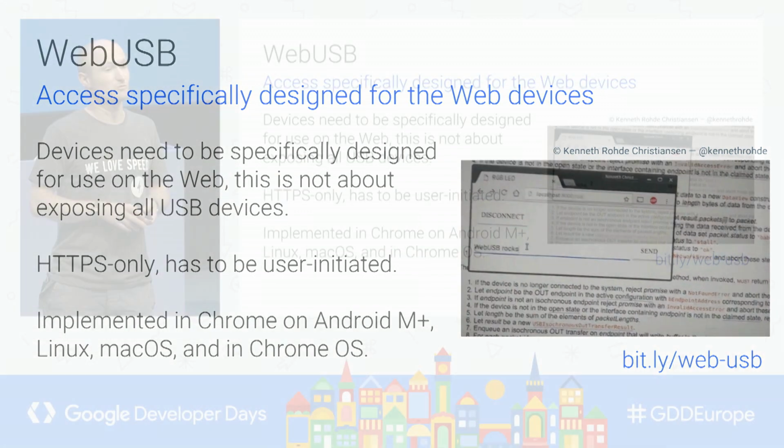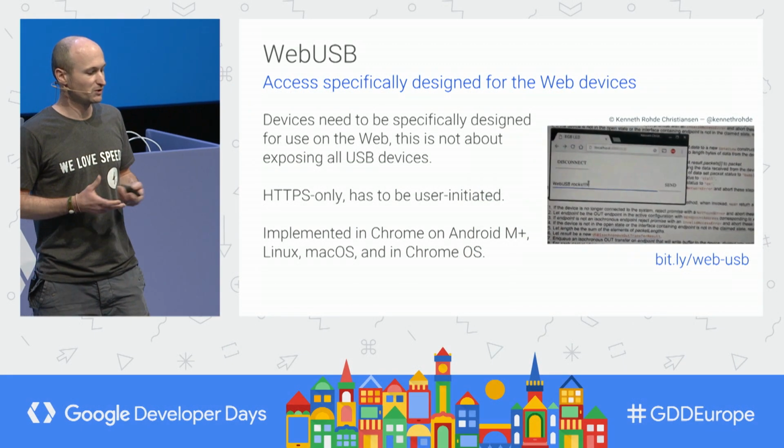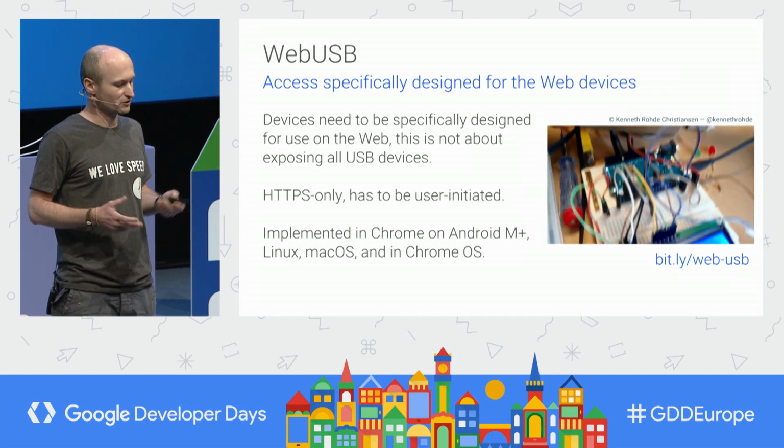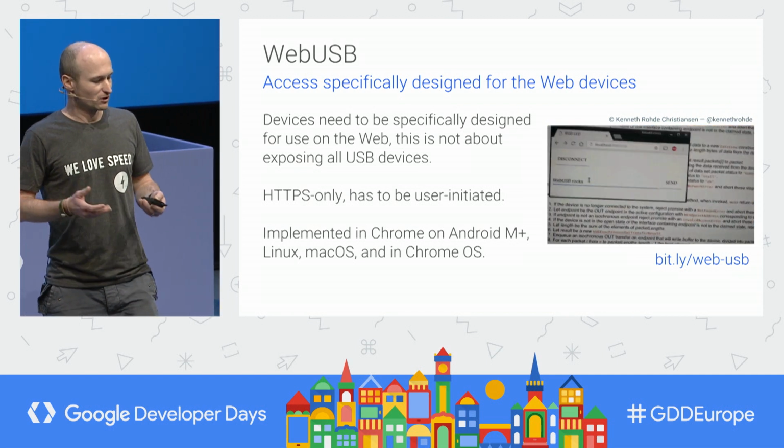So these devices need to be specifically designed for being used on the web, and it's obviously HTTPS only. This is a very powerful API, so we want to be sure that this is HTTPS only, and of course it has to be user-initiated. So you can't just silently, secretly connect to a USB device. It's always after a user gesture. Again, implemented in Chrome on Android, Linux, macOS, and in Chrome OS.